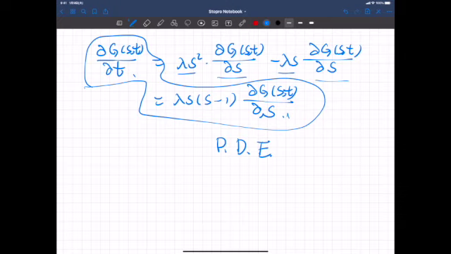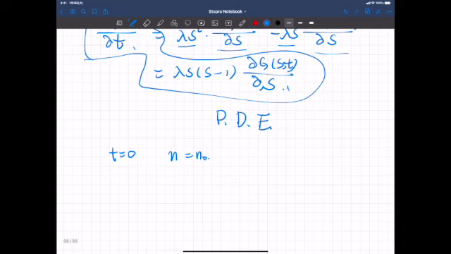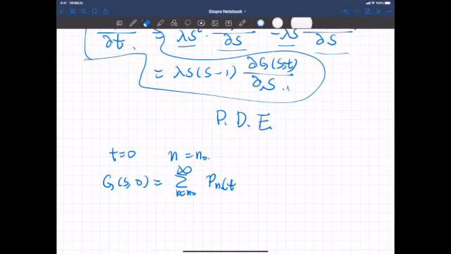Okay, so when t is equal to 0, the number of bacteria is equal to n0, and so that's the initial condition. This translates, in terms of the generating function, so g of s, 0 becomes this, the sum of Pn of 0.